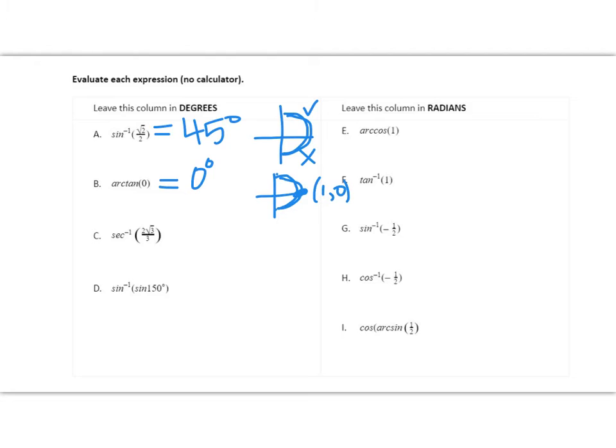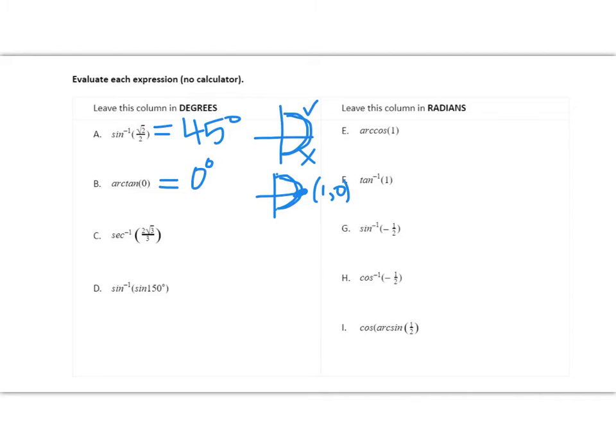In the next one, I'm asking you about secant inverse of 2 root 3 over 3. And we didn't talk about the inverse of secant, cosecant, or cotangent. And that's because we don't really need to talk about those graphs, because we can just turn these back into cosine, sine, and tangent problems.